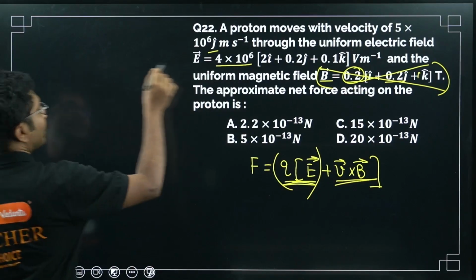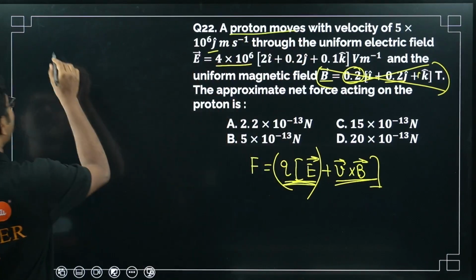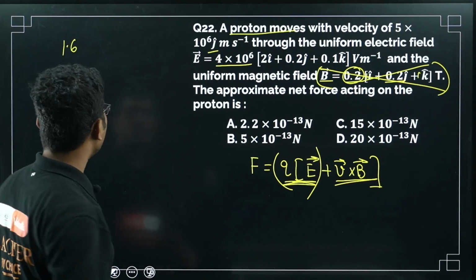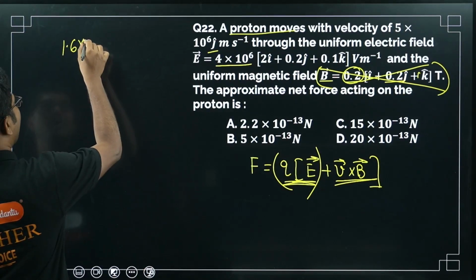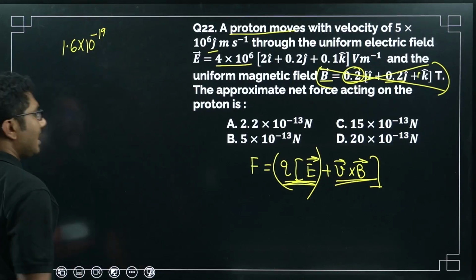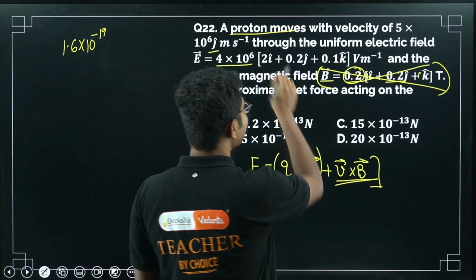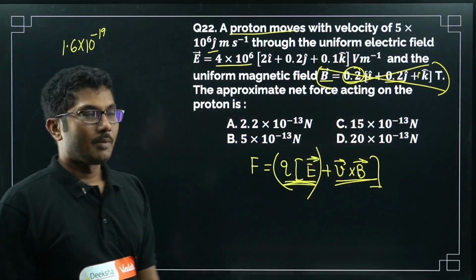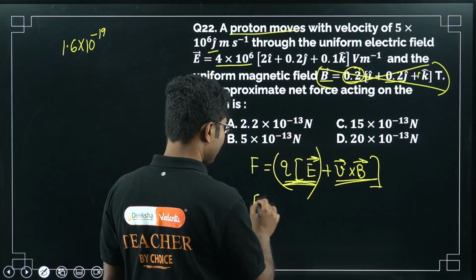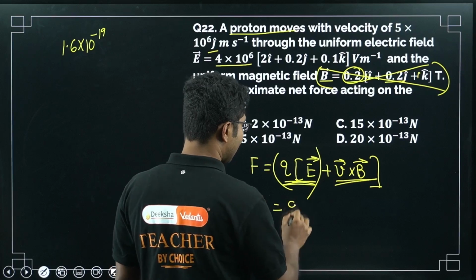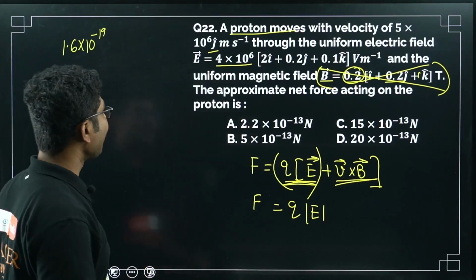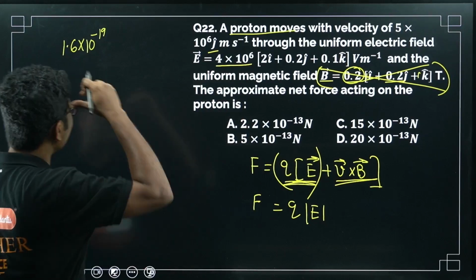Q is a proton. So what is the charge of a proton? The proton's charge is 1.6 times 10 to the power of minus 19. Now what is the electric field? The electric field is given in vector form, but if we want to find the magnitude of force, then we have to multiply by the magnitude of E. How to find the magnitude of E?